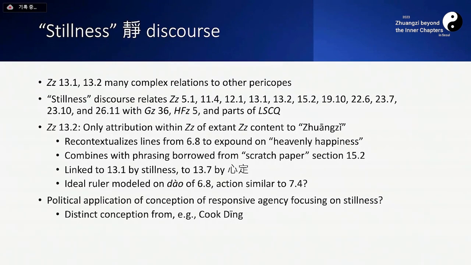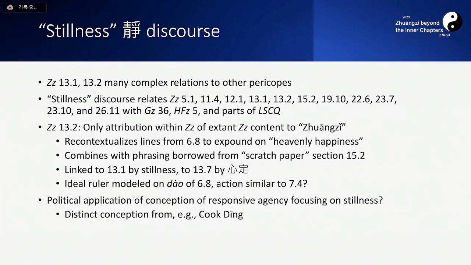And intriguingly, section 15.2 also seems to be a major source for Huainanzi Jingshen Pian, Huainanzi Book 7. The theme of setting or fixing the mind and reigning over the world also link 13.2 to two of the master said pericopes in the three heaven Pian.